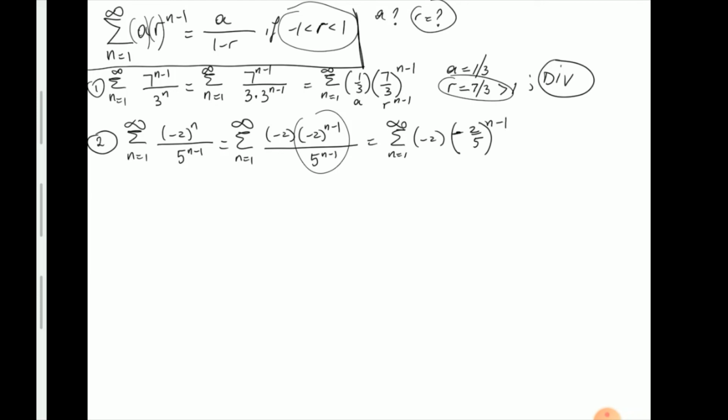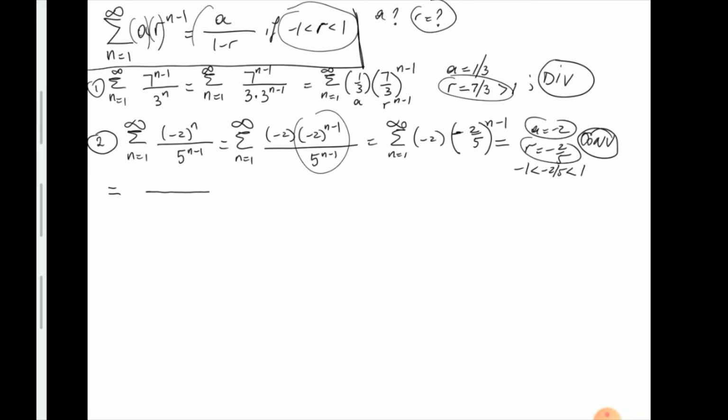All right, so therefore a is minus 2, the ratio is minus 2 over 5, and minus 2 over 5 does belong between minus 1 and 1. So the series is convergent. Not only is it convergent, we are in the rare case with geometric series that we can actually write down what the limit is, what the sum of the series is.